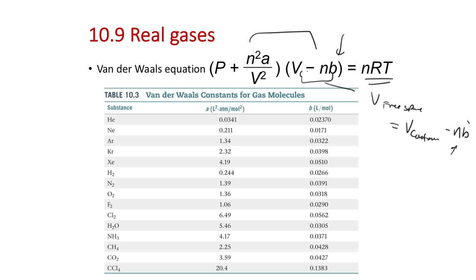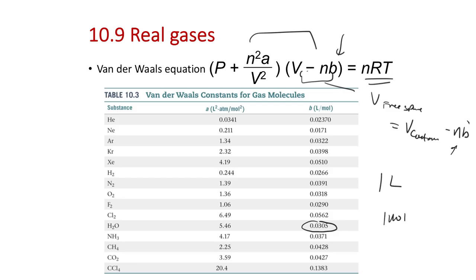So let's just choose a random one here, let's do water. Let's imagine you have a liter of water vapor. So you have a container just with water vapor in it somehow. You have a 1 liter container, and let's say you have 1 mole of water vapor in that container.